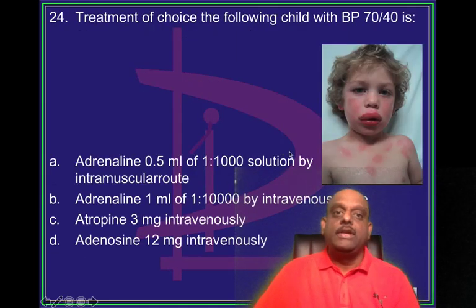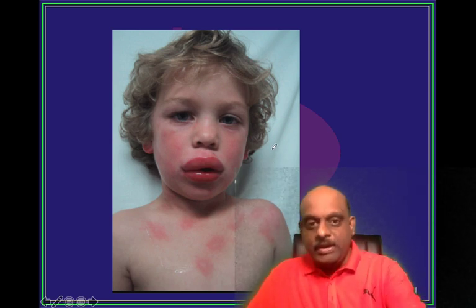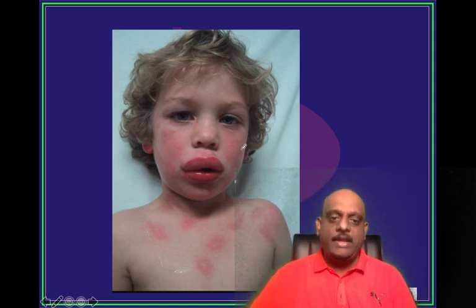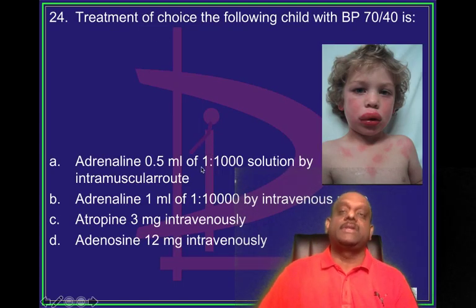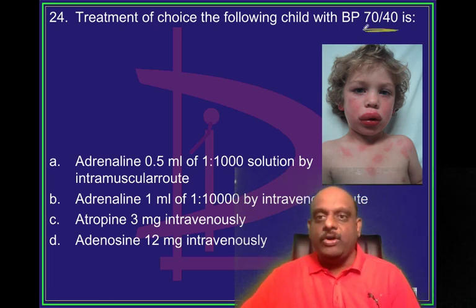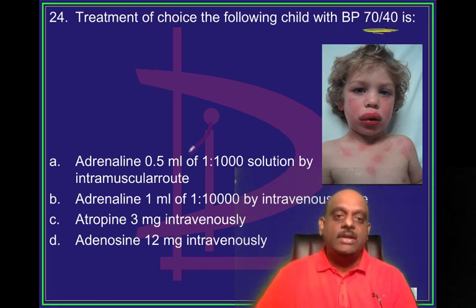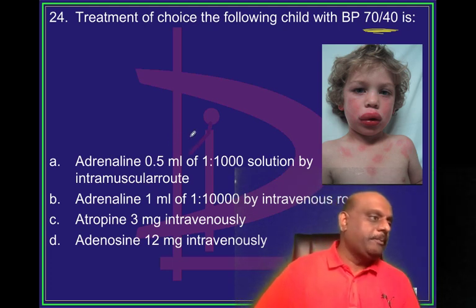Now doc, this child who is being shown to you is a spotter. Looking at the lips only, you should be in a position to make a diagnosis. The BP of this child is 70/40. Now the question is, how do you want to treat this given scenario? An important question.